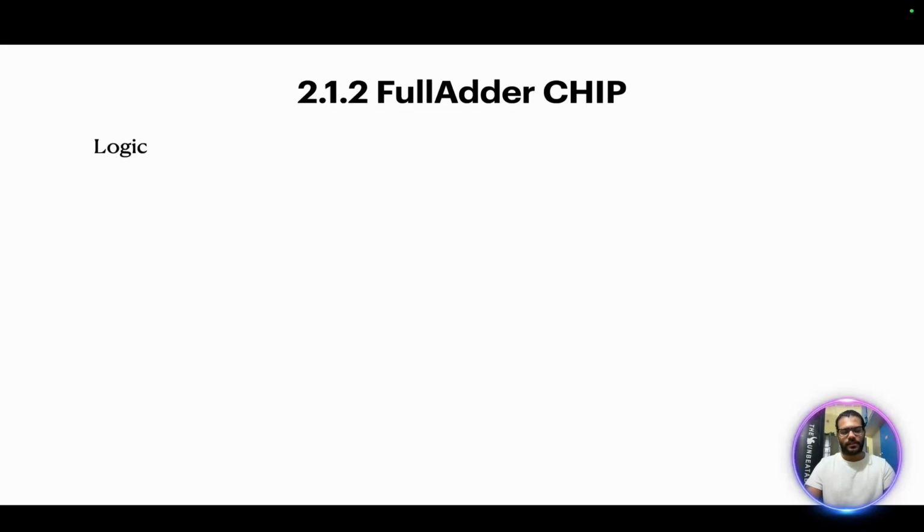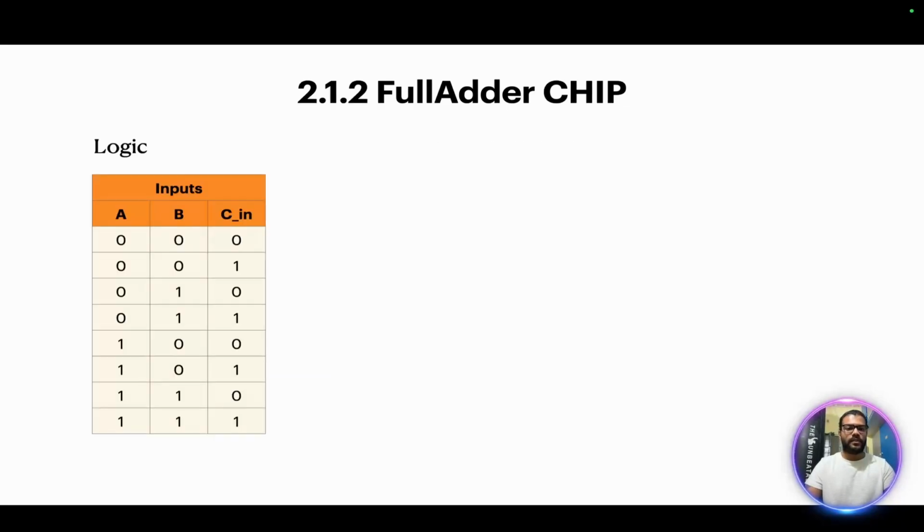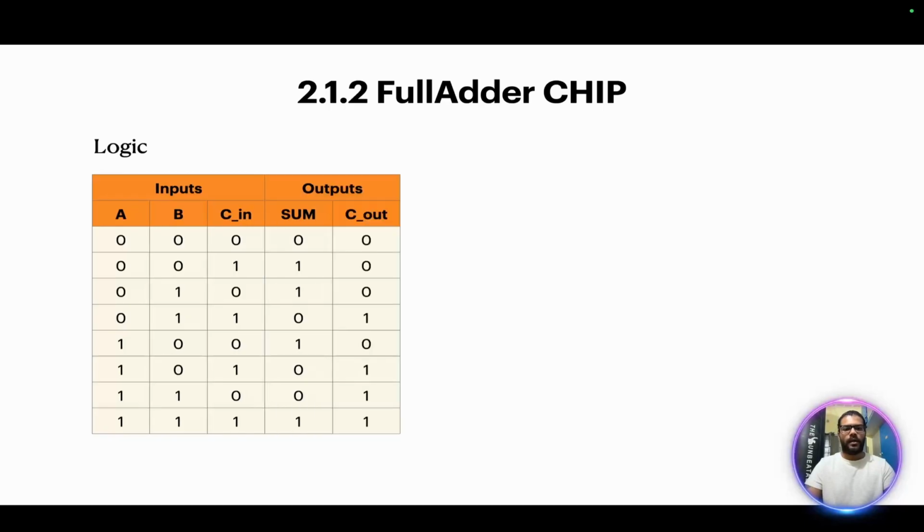Now let's move ahead with full adder. What is the logic? So we have three inputs now. You have A, you have B, and you have input carry or carry in. And our job is to generate sum and carry out. You can do this by hand. So you add A, B, and C and generate sum and carry out.